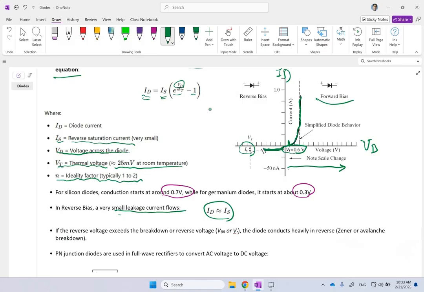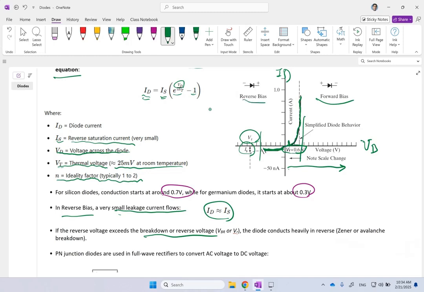In the forward, first 0, then exponential. And in the reverse bias, this small current only flows up to so much of voltage. Once you reach a voltage which is called the Zener voltage or the reverse voltage, or you might call it the breakdown voltage, that's when the behavior is going to be different. So for now, we only look at this region in the forward and reverse bias.